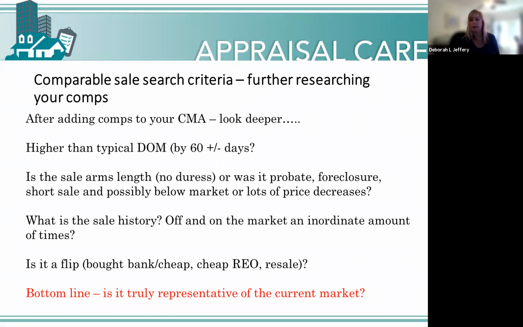It's because it was a total fixer. Somebody bought it, fixed it up, and now they're reselling it. Sometimes it's not so obvious. Sometimes people just buy it and then they're trying to resell it for a higher price, and they didn't do any improvements to it. So we need to find out the story of that. And we may not be able to use that comp if it turns out to be something funny about it.